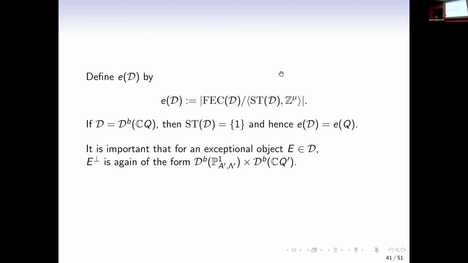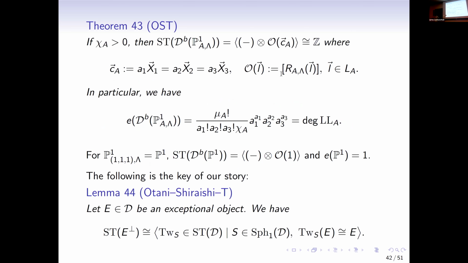And also an important fact is that the orthogonal complement of some exceptional object is again always of this form. We use this special property. Now we can state the main result. In this case, we can count.